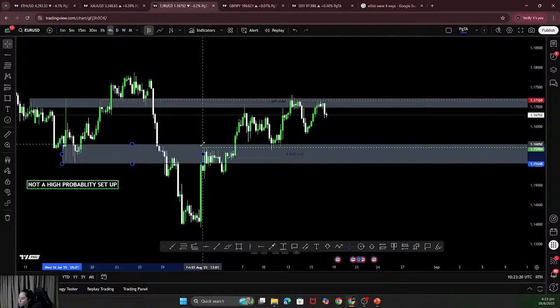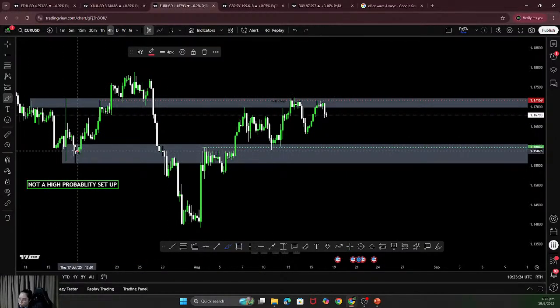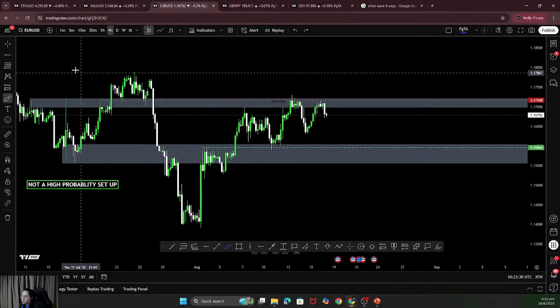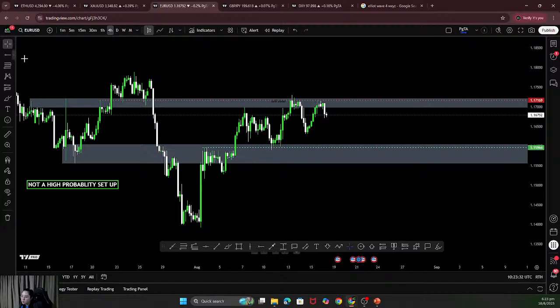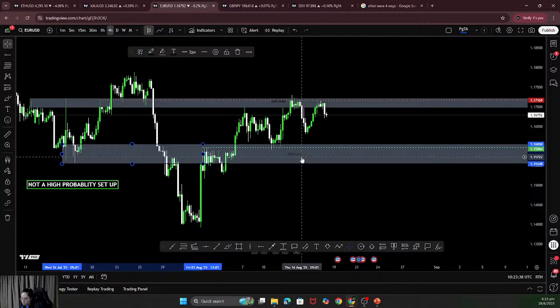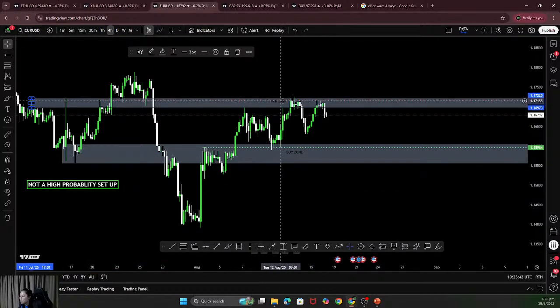Because I'm trying to get all the overlap to get in. So the overlap ends here and starts here. That's why my zone is so big. So this is going to be my buy zone. I cannot give a very clear analysis for this one because of how conflicting the direction is.